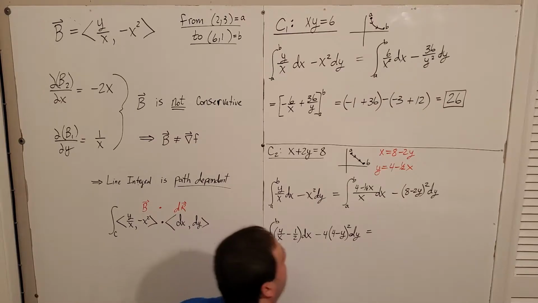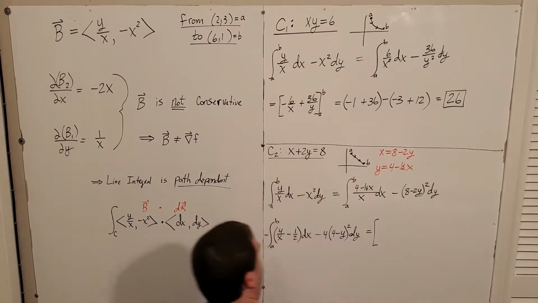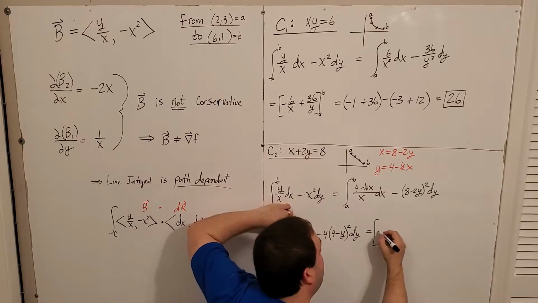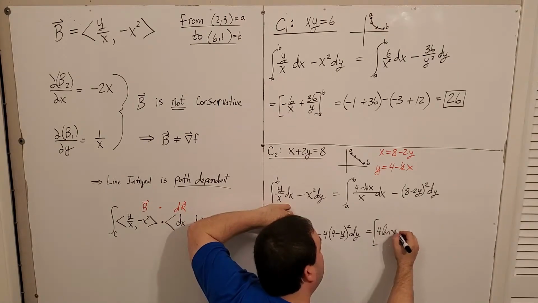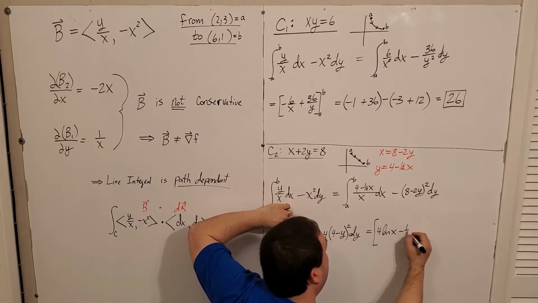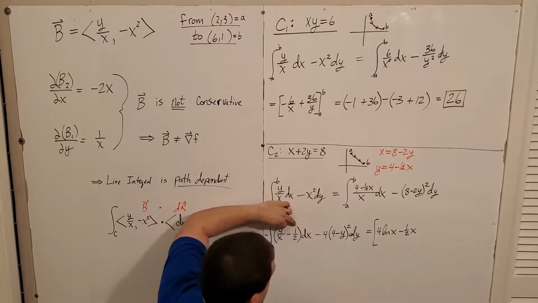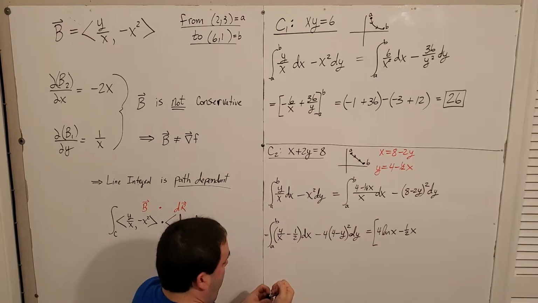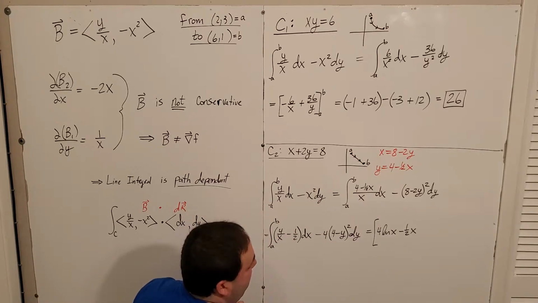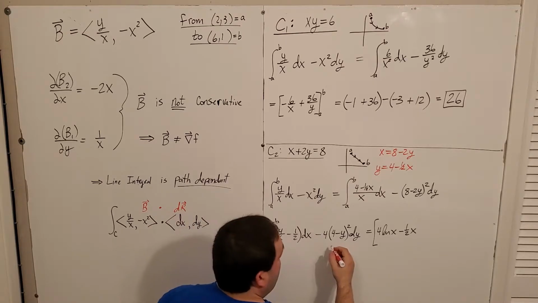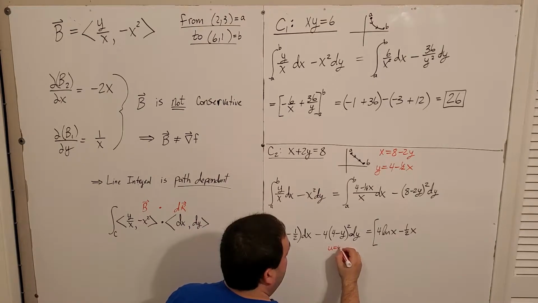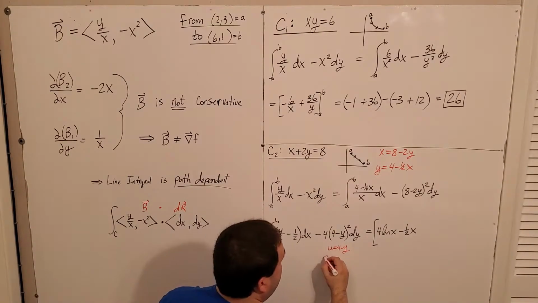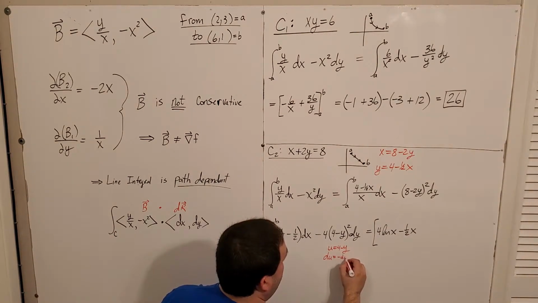Okay, so let's see. Right here, I'm going to get 4 times ln x minus 1/2 x. And then right here, what I can do is a quick u substitution where I'm going to let u equal 4 minus y, which, of course, du is then negative dy.